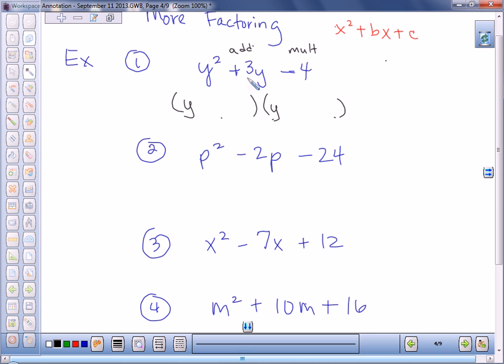So really we're looking at the factor pairs for 4, which are 4 and 1, and 2 and 2. Is there any way that I can multiply to get a negative 4 that I can add to get a positive 3? Who sees it? 4 and negative 1. Thomas, does that make sense?